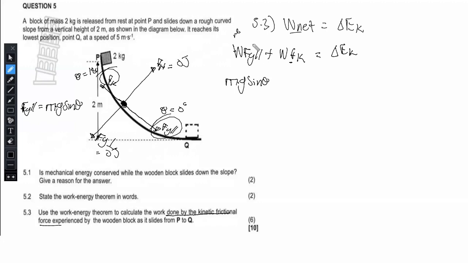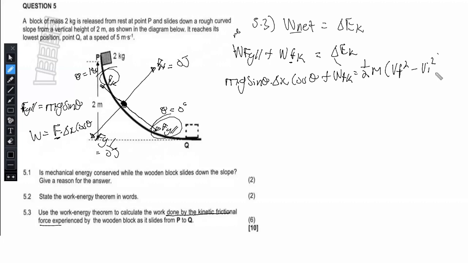But then we are looking for the work done by FG parallel, so I have to say delta x and then cos theta, which comes from the fact that work done is F delta x cos theta. So that particular force multiplied by delta x cos theta. Then plus work done by Fk. Now we can break down the change in Ek. That's half m Vf squared minus Vi squared.